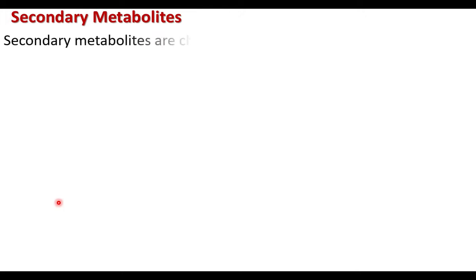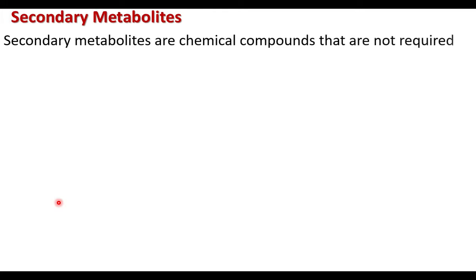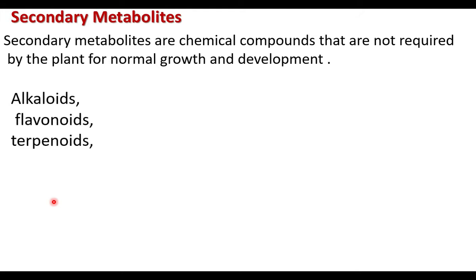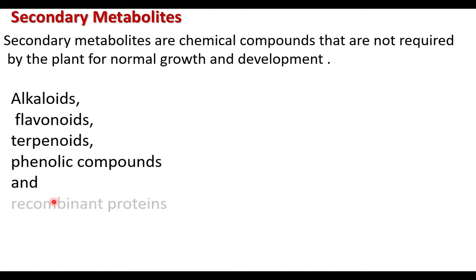Secondary metabolites are chemical compounds that are not required by the plants for normal growth and development. Alkaloids, flavonoids, terpenoids, phenolic compounds and recombinant proteins are secondary metabolites. All are commercially important products.